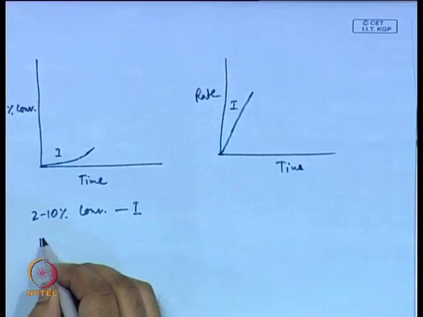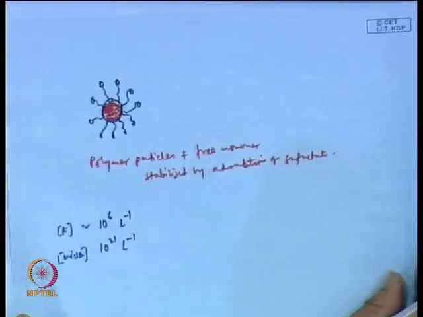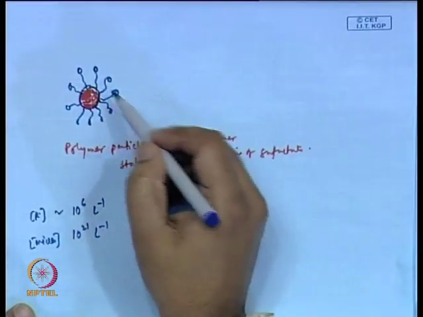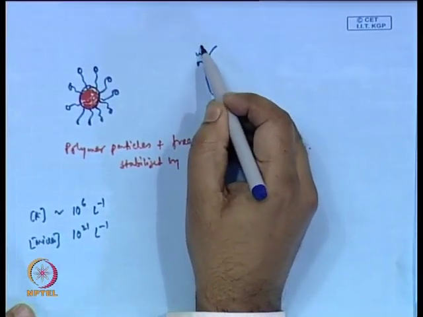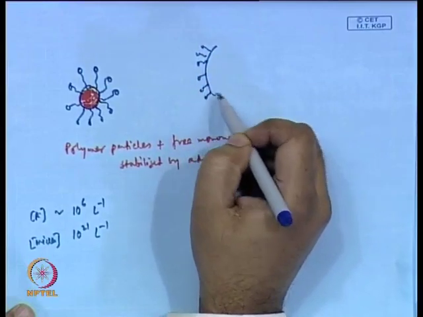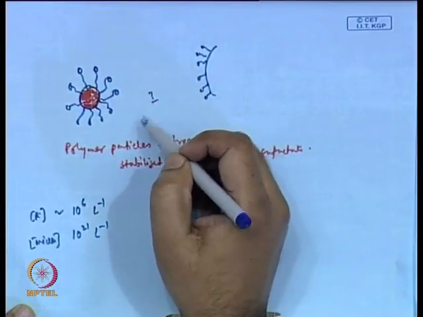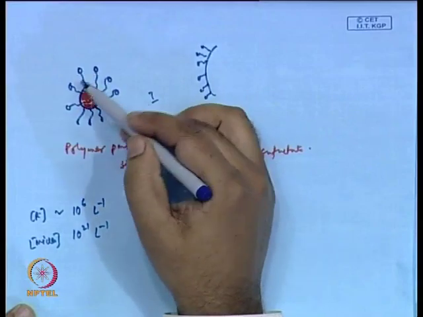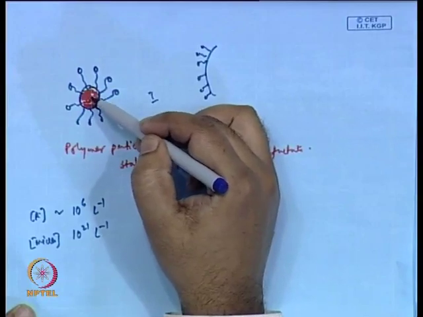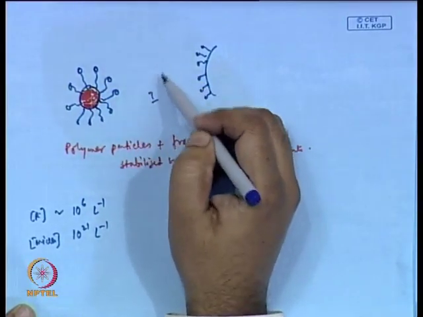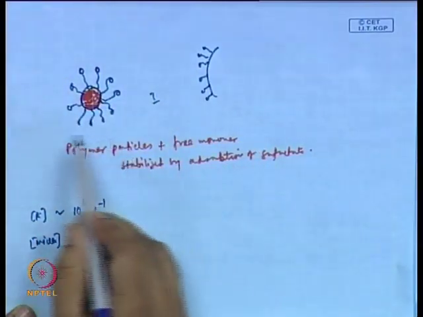Now, what happens in stage 2? You have large monomer droplets still present, of course, the size has shrunk from the beginning, and you have the initiator molecules, and you have particles, meaning monomer plus polymer surrounded by the surfactant molecules. That is the situation at the end of stage 1.